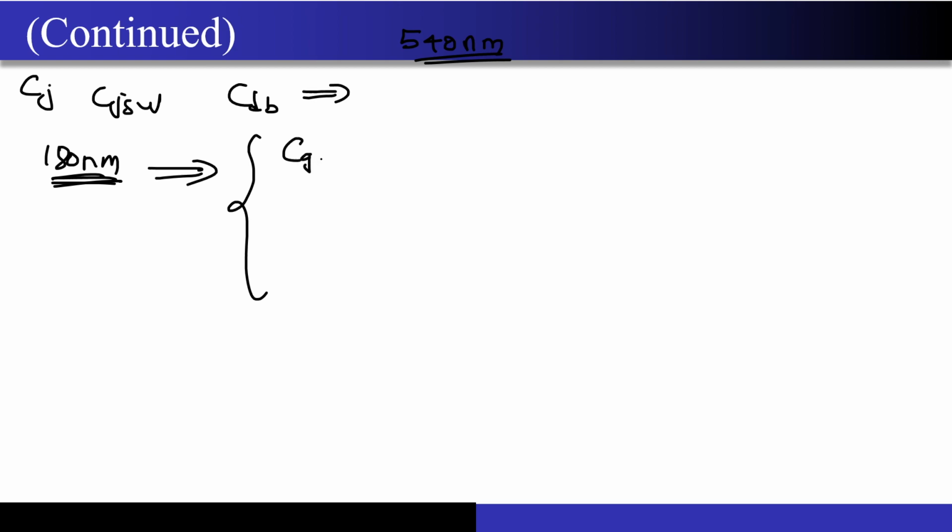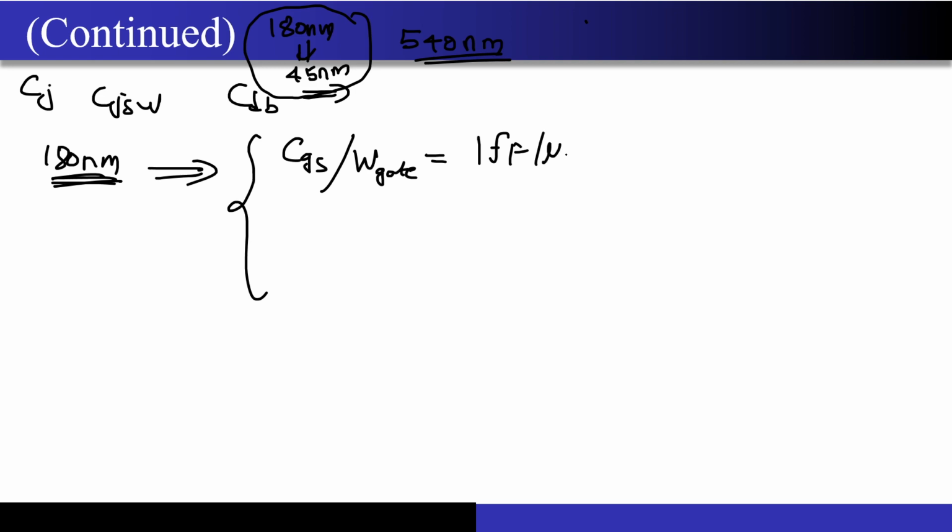Okay, so the CGS value that you will be getting, if you normalize it with respect to the width of the gate, correct, this particular density number, even if you are designing the circuit at, let's say, 180 nanometer or at 45 nanometer, it does not matter. This density of capacitance per unit gate width will remain approximately constant at 1 femtofarad per micrometer.